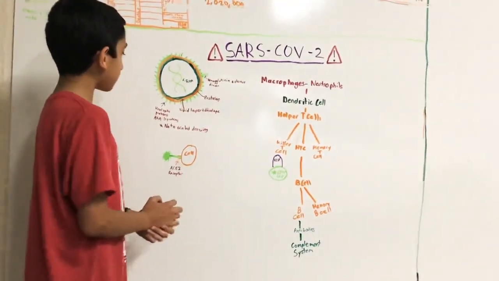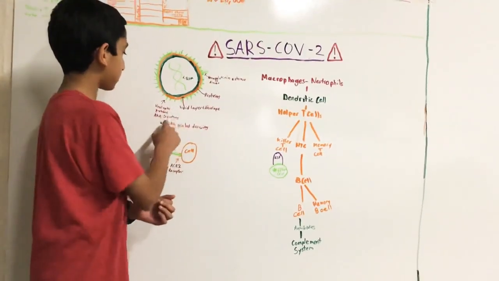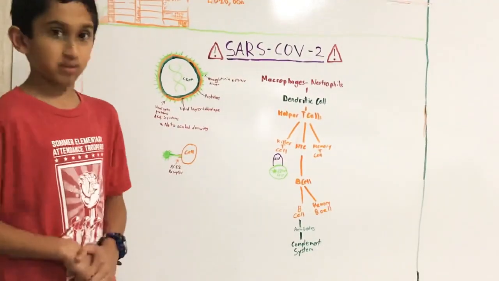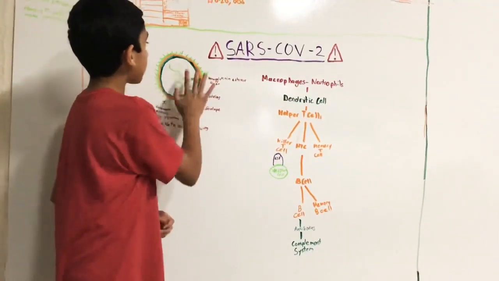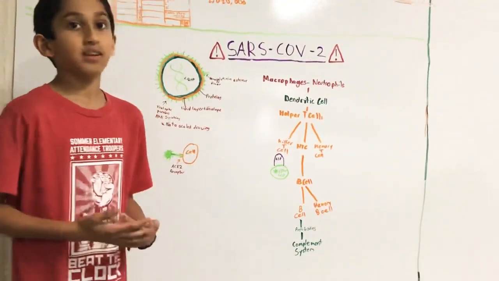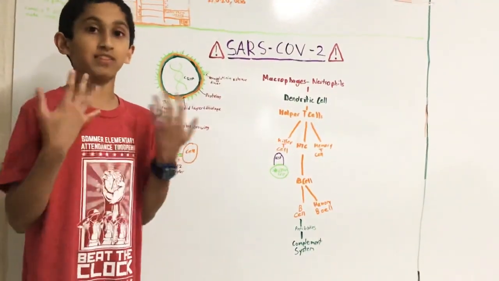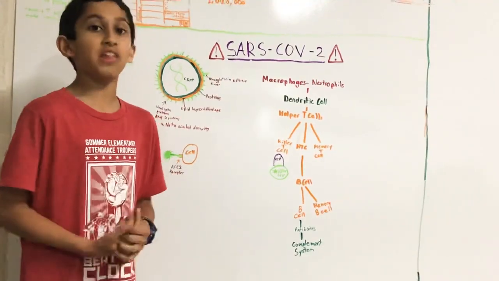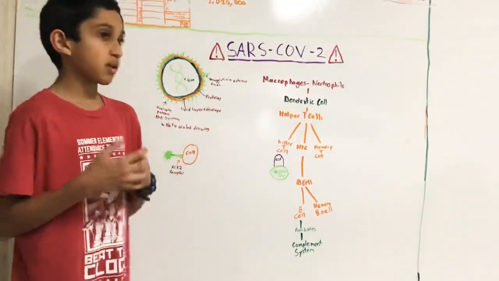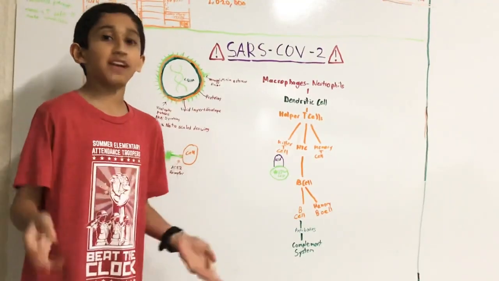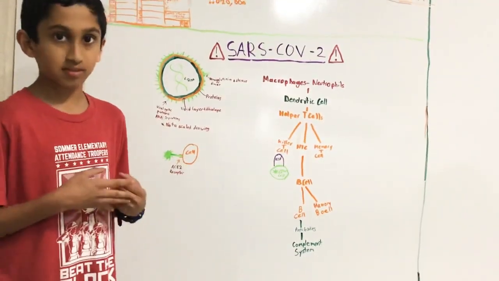Now the next thing we're going to look at is the viral spike proteins, aka S proteins. These are the antigens of the virus. They really help distinguish the virus from others. But now let's look at what the virus actually uses to protect itself.